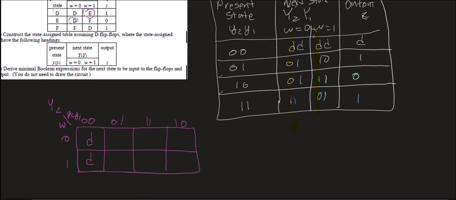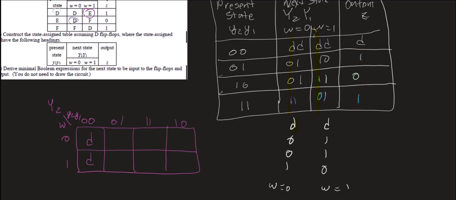So y2 is D, the first column D 0, 0, 1, and D 1, 1, 0. This is if W equals 0, this is if W equals 1. So I had don't cares when y2, y1 was 0, 0.